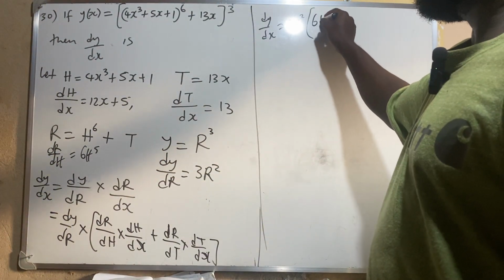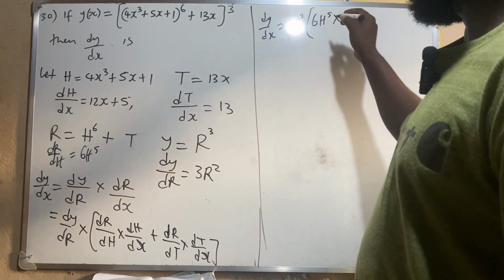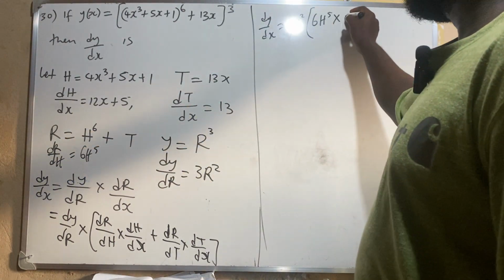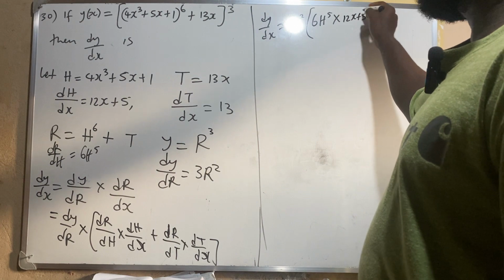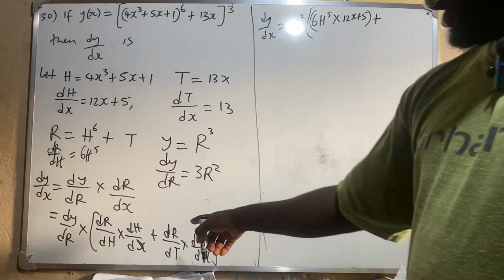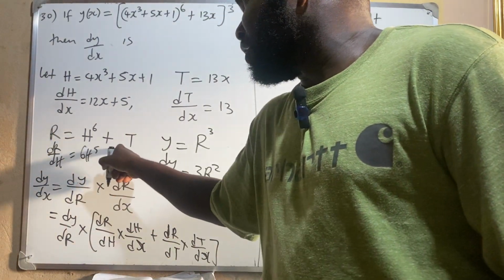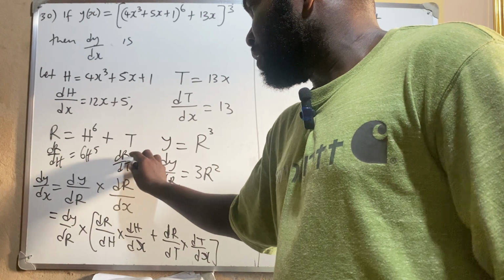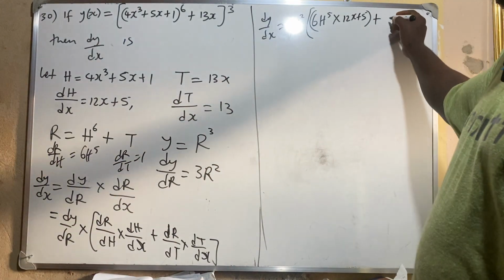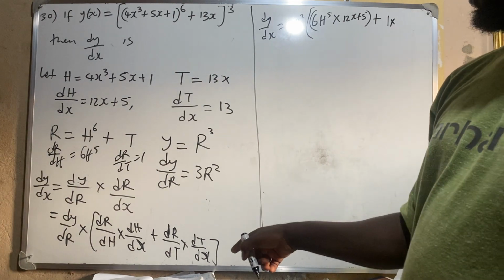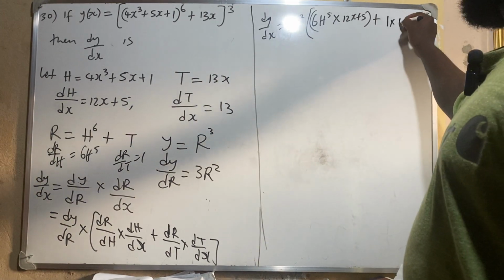So I have 6h raised to power 5 times the dh dx. The dh dx is giving me 12x plus 5. You get that? Plus, now the dr dt is simply 1. So I'm having 1 times the dt dx. The dt dx is giving me 13.